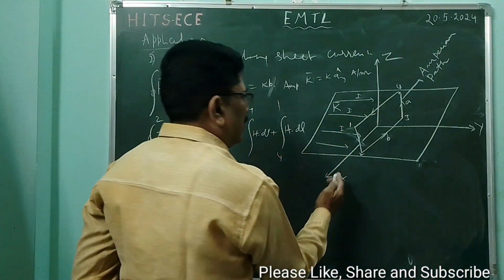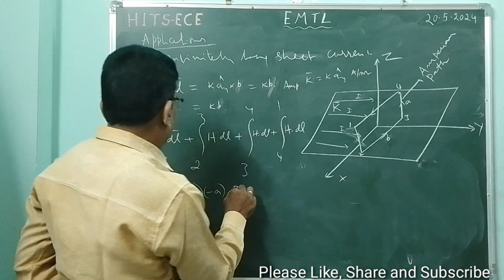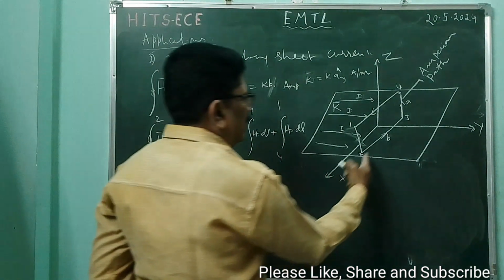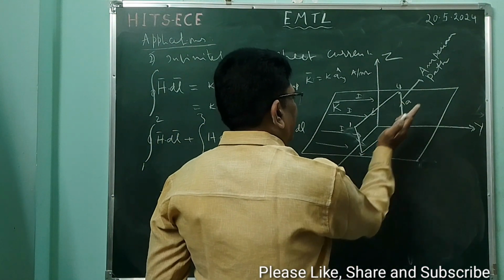Minus Hz into minus A, plus H dot dl in 2 to 3. For 2 to 3, X is negative.